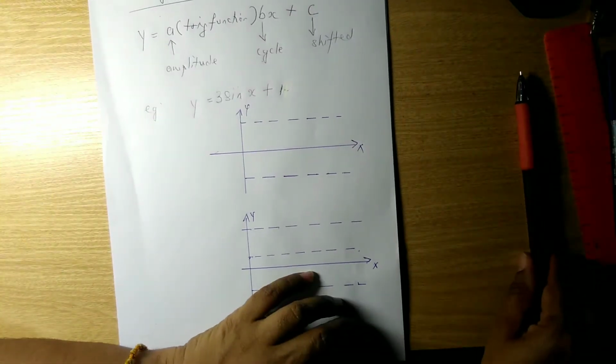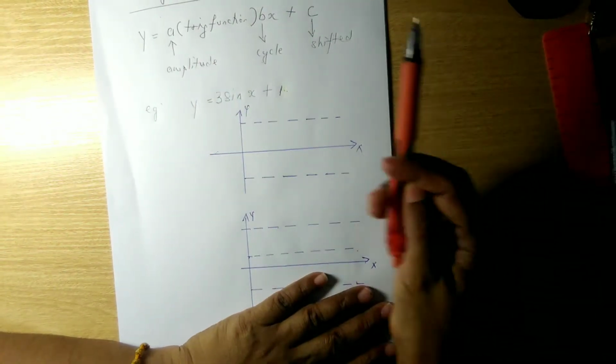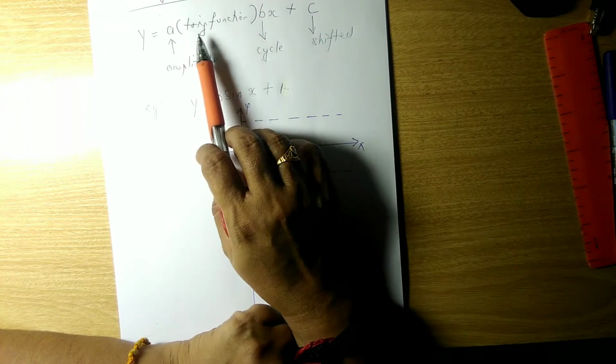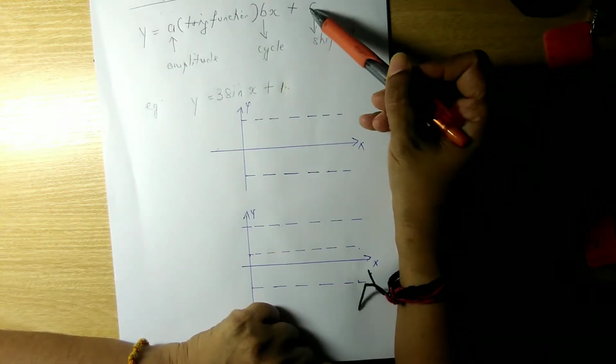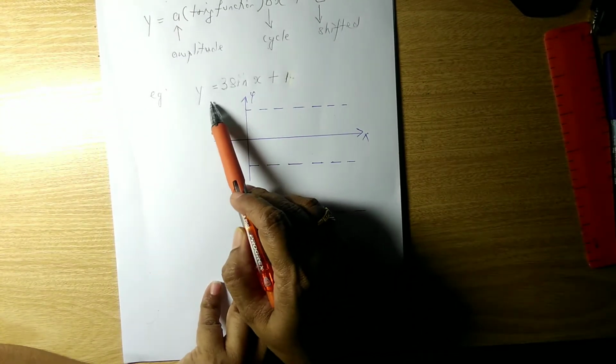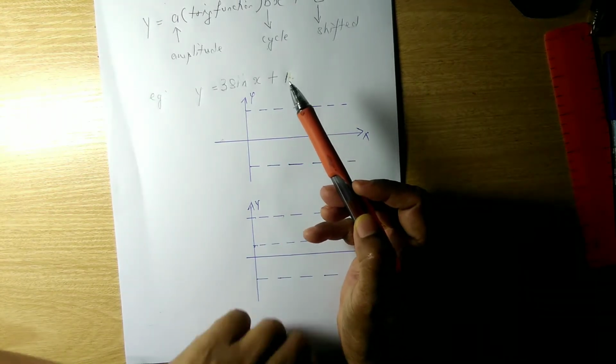When you're given a function, let's say y equals a trigonometric function of bx plus c, one example is y equals 3 sine x plus 1.